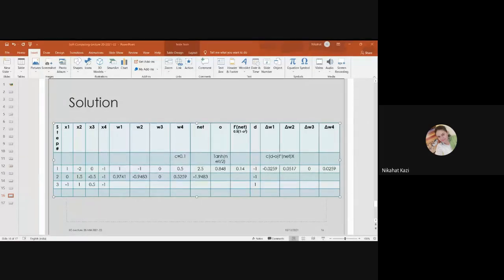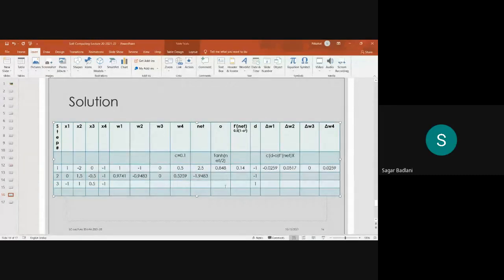Next. Minus 0.96. No, no. Tan h of net by 2, net by 2.